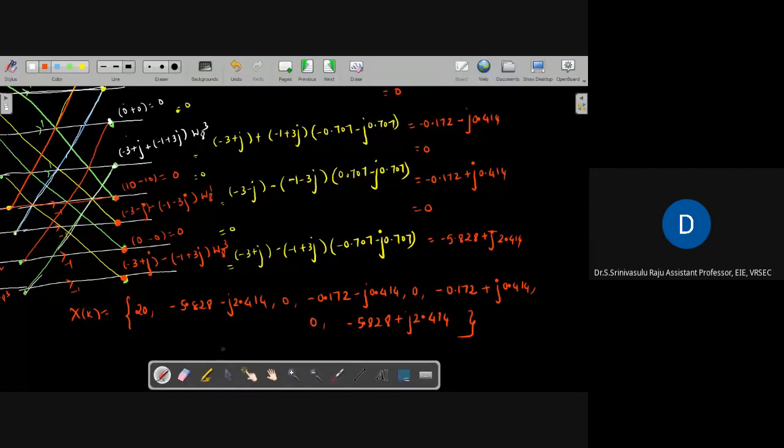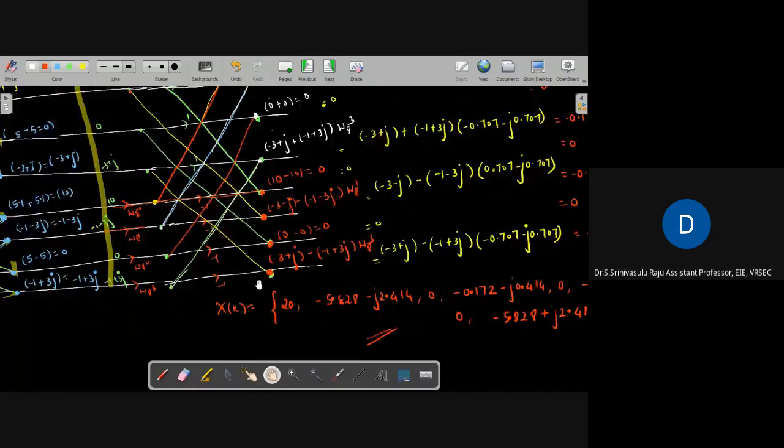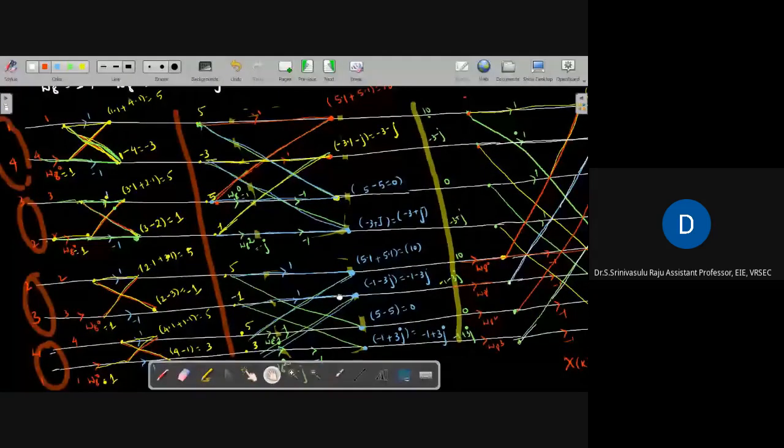Okay, so this is the DFT of the given sequence. So we found it within the 3 stages. Okay, this is the diagram.